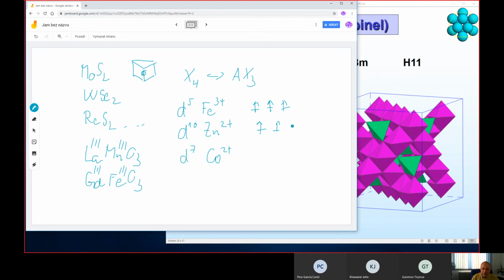For zinc, it would be completely occupied. And for cobalt, D7, it would be this electron configuration, which is also an orbital singlet, and it is relatively stable. So there are some atoms which prefer the tetrahedral configuration due to electron configuration.